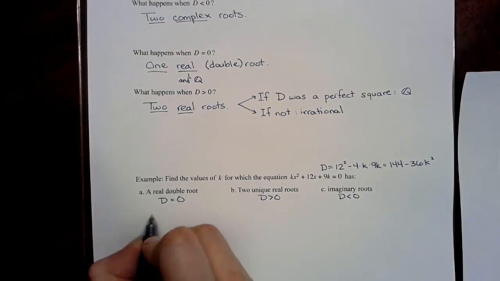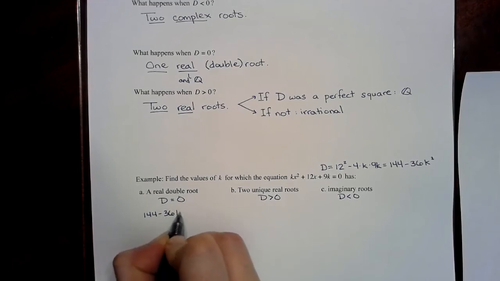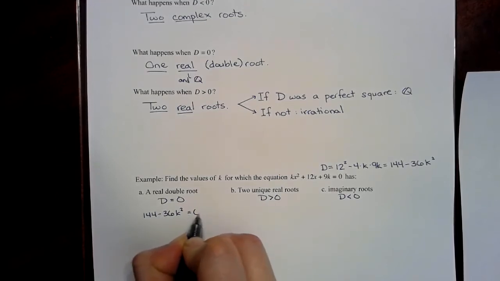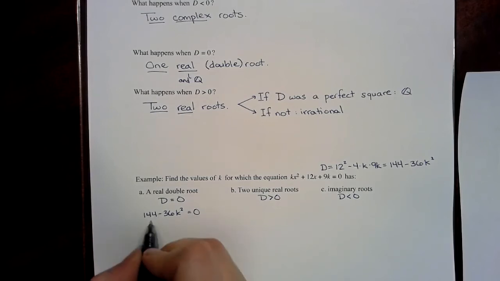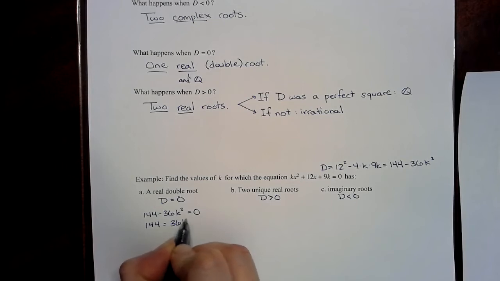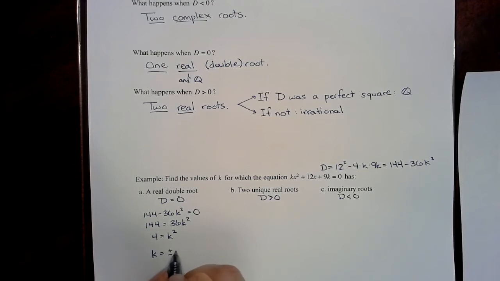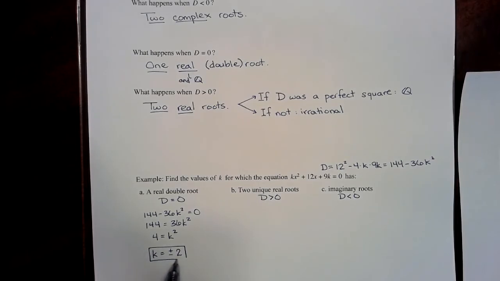Discriminant equals 0, so 144 minus 36k squared equals 0. I will add 36k squared to both sides. I will divide by 36. And now, by taking the square root of each side, I will find that there are actually two values for k. I have positive 2 and negative 2 that will make this discriminant equal 0.